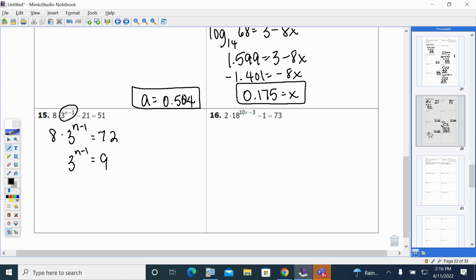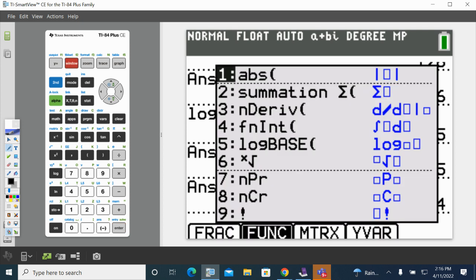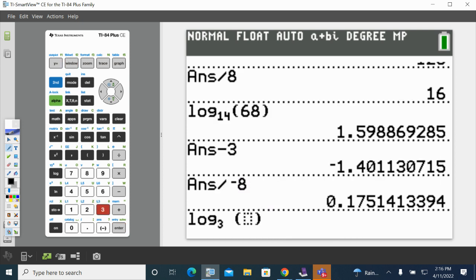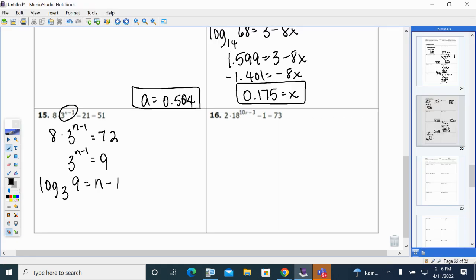And then we can change this to a log. Log base 3 of 9 should be equal to 2. And add the 1, and we get n equals 3.